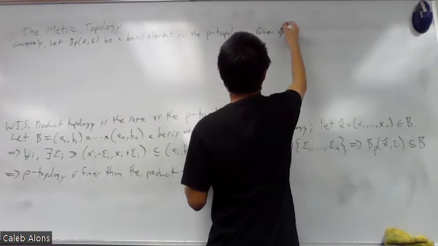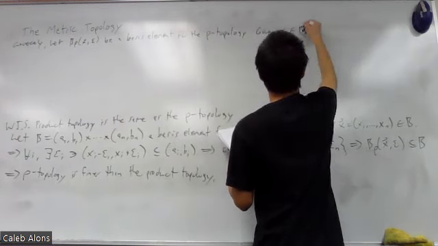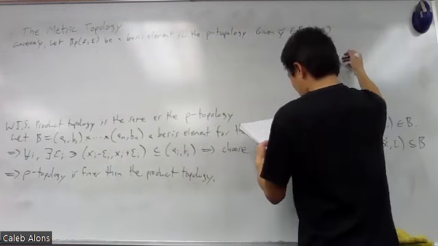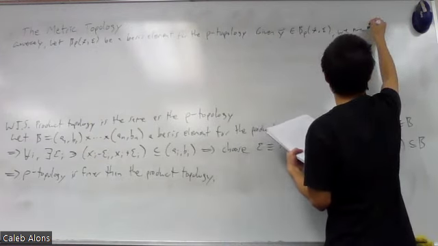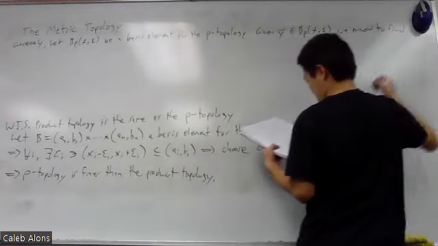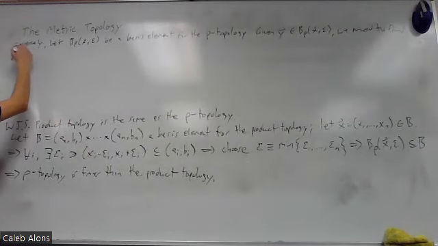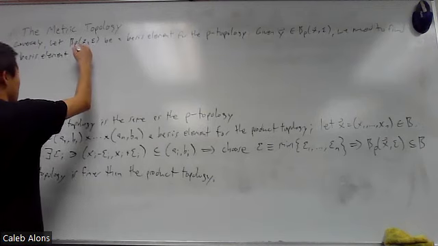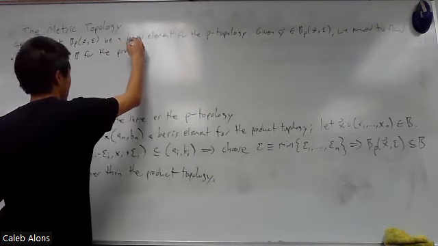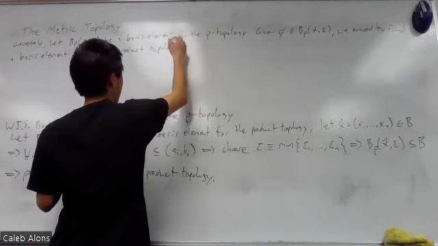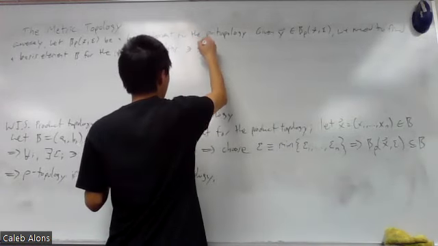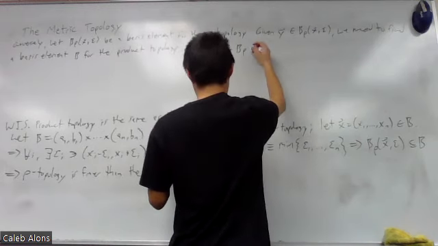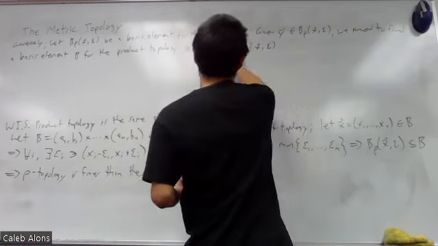And then given a tuple in this basis element, so given y in B rho with epsilon, we need to find a basis element B for the product topology such that y is in B and B is a subset, because we want it to be finer than the rho topology. At least this is still citing the previous lemma.